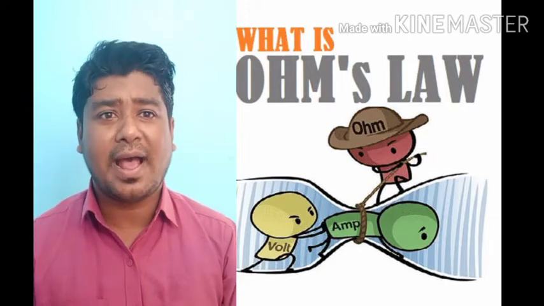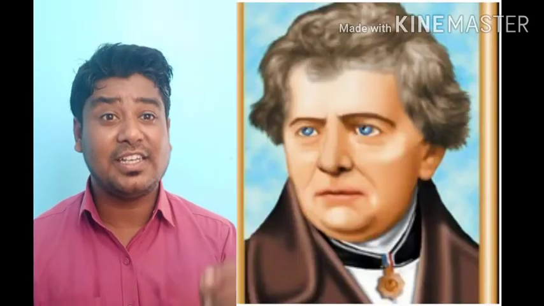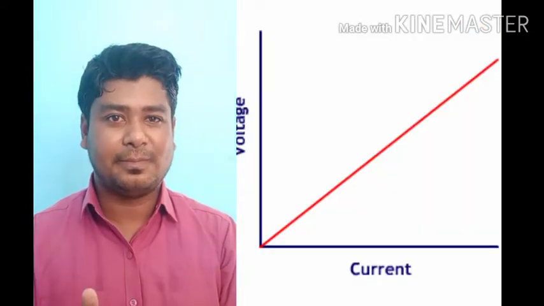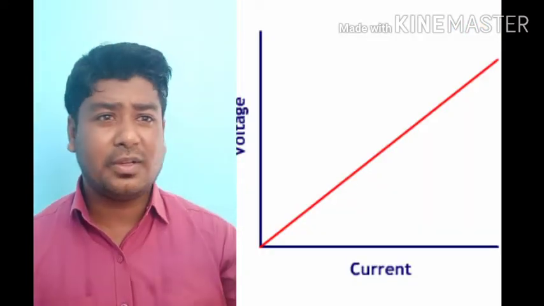A scientist by the name George Simon Ohm studied these two entities, current and potential difference, and observed that they varied linearly. You know about the linear graph.